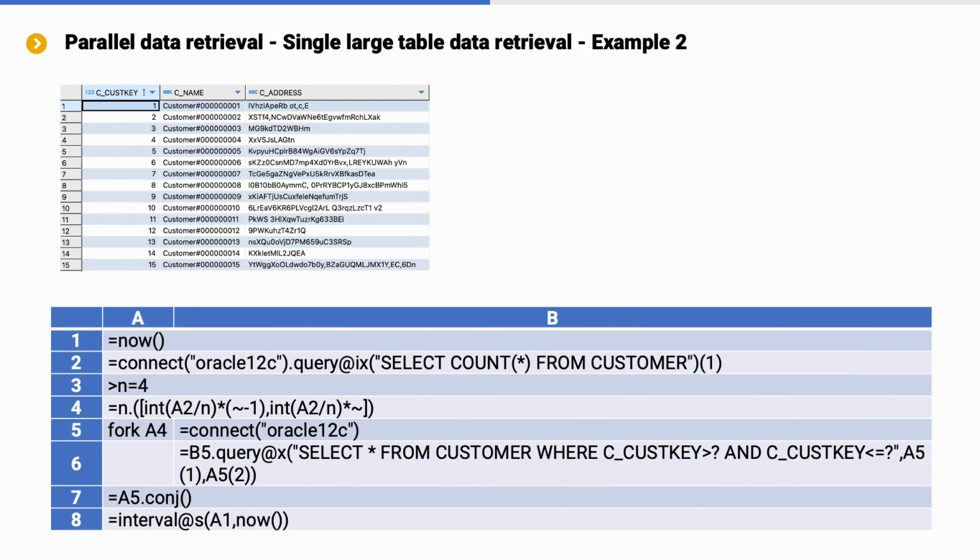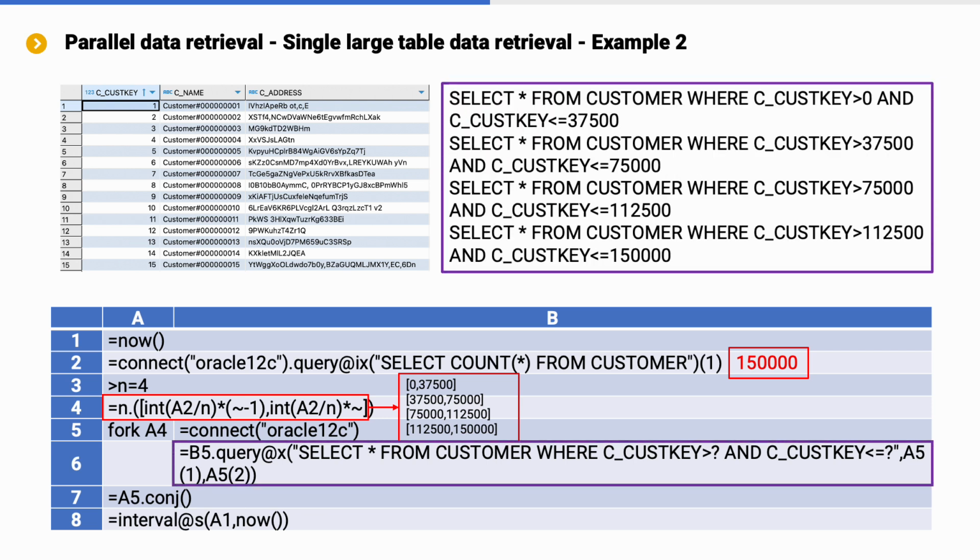Let's take another example. In the customer table, cusKey is a natural number starting from 1. Therefore, the total number of records can be calculated in A2 first. Divide it evenly into n segments in A4, where n is 4.